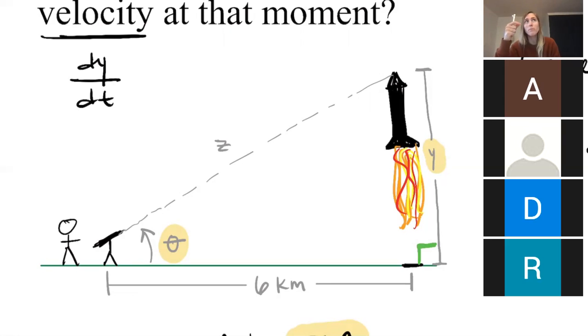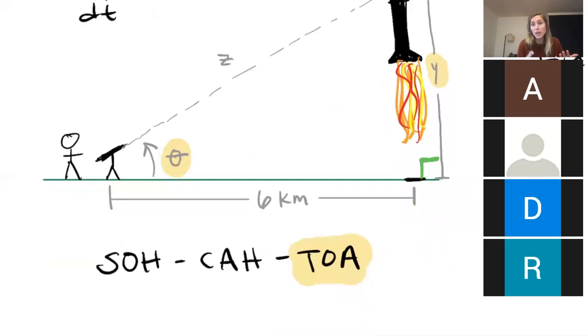And I know whenever you guys see right triangles, you're like, Pythagorean theorem. But if we have an equation with z in it, we'll end up with a dz over dt, and we don't know what that is. And if we use Pythagorean theorem, we wouldn't have theta in our equation. So since theta is involved, I'm going to be using my right triangle trig, SOHCAHTOA.